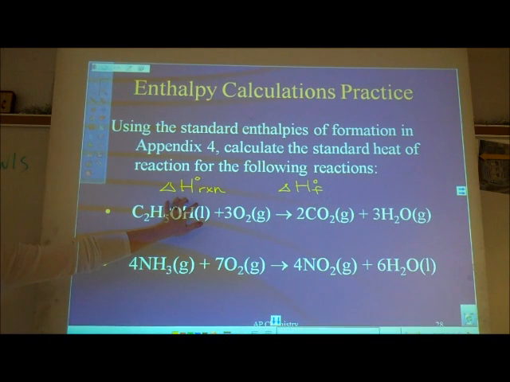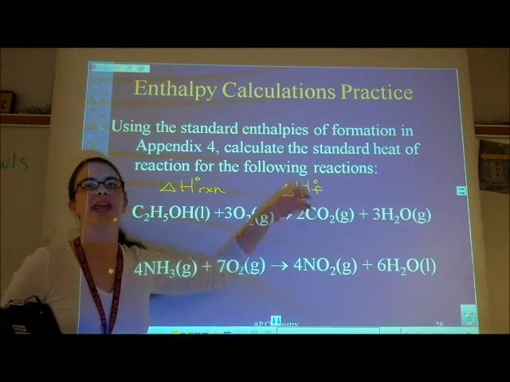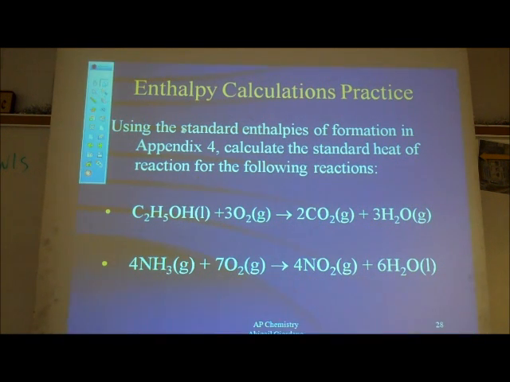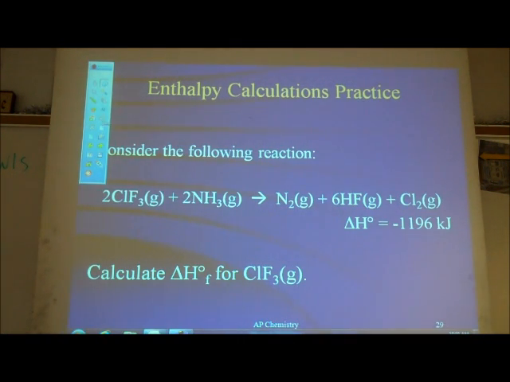This one is products minus reactants. This is the one that gets plugged into products minus reactants. So, if you look at this one, and you look at the thing that I'm asking you to calculate, it's a heat of formation. What do you think when you see formation? Chart. Okay, great. Go look it up.